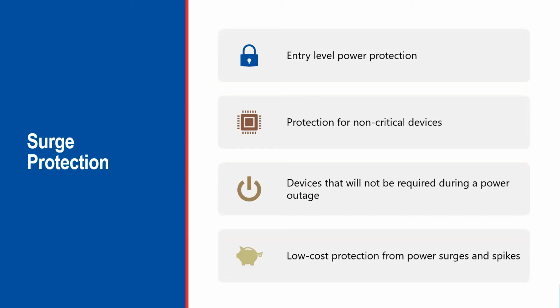Surge protection is primarily used in low-end, non-critical audiovisual environments, such as home entertainment applications, as well as protecting common household or workstation devices. Simply put, if you can afford to lose that particular device and it's not mission critical, then surge protection will do the job. At the very least, it will protect you from surges and spikes, which do occur on a daily basis.